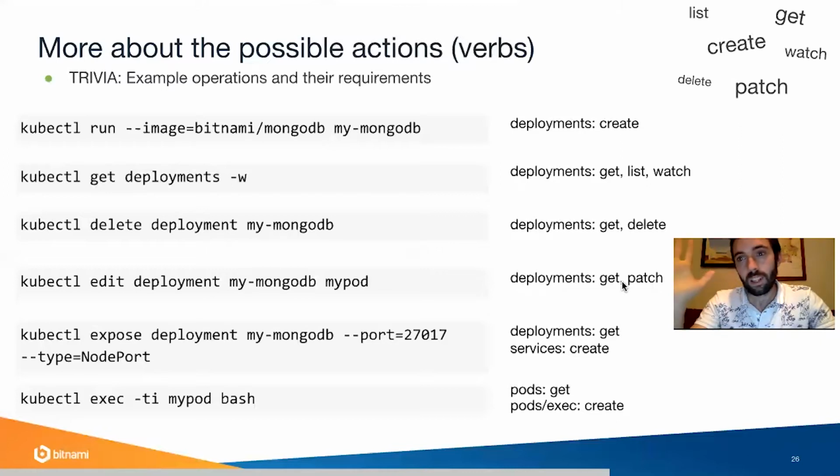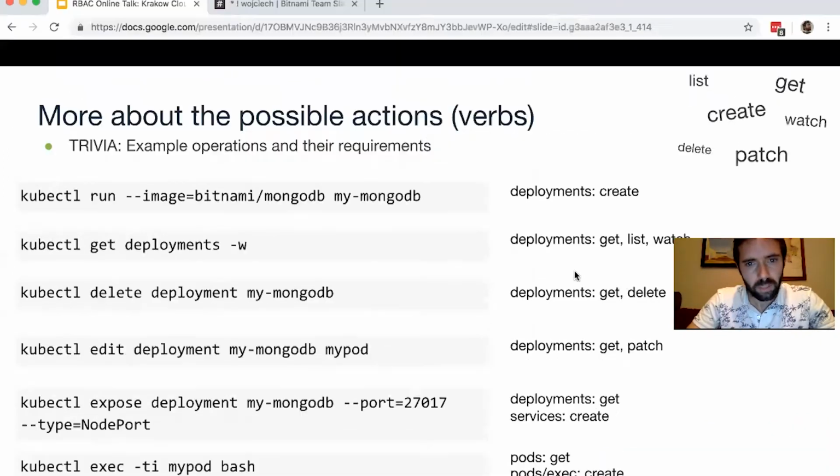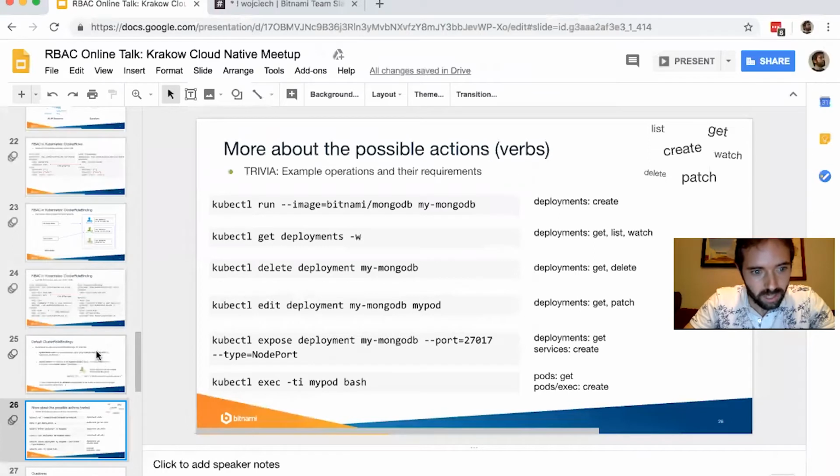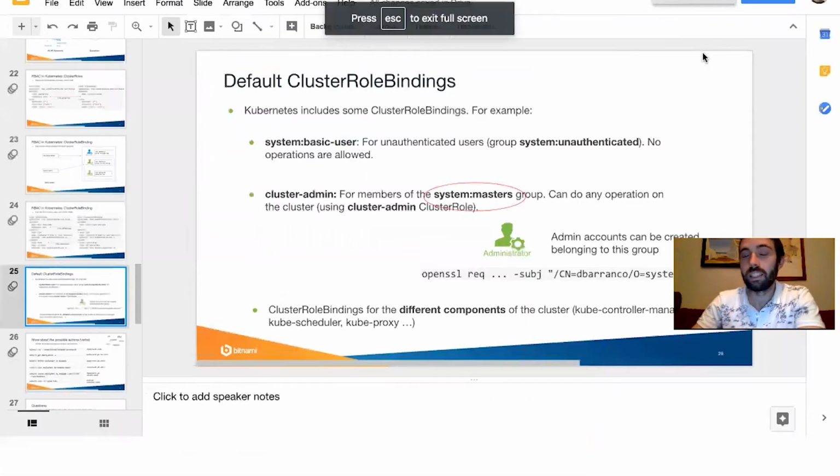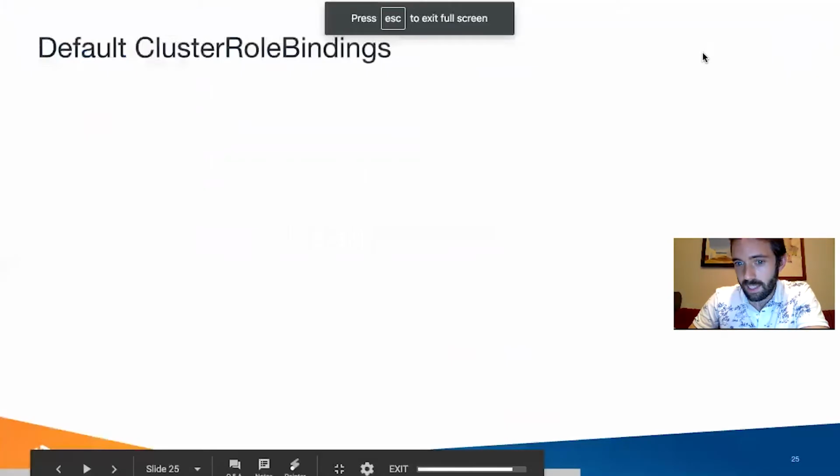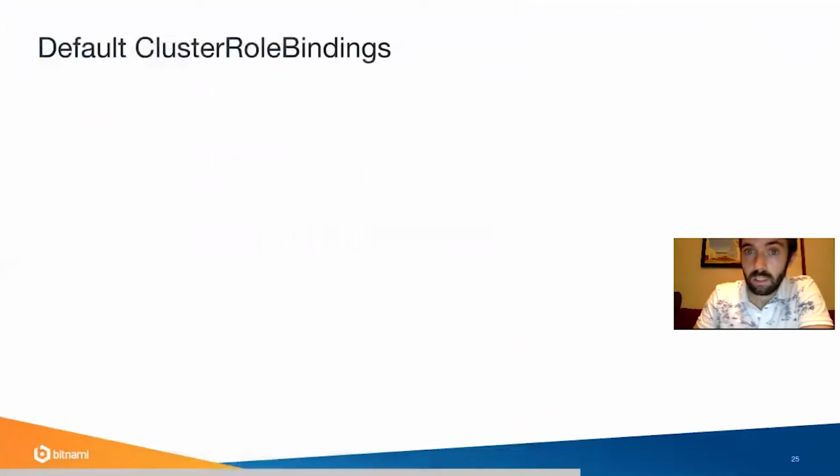So, okay. Also, before moving on, I would like to say a few words about cluster role bindings. It's true that when we create a Minikube cluster, a kubeadm cluster, or a GKE cluster, we have an admin user. How is that possible?